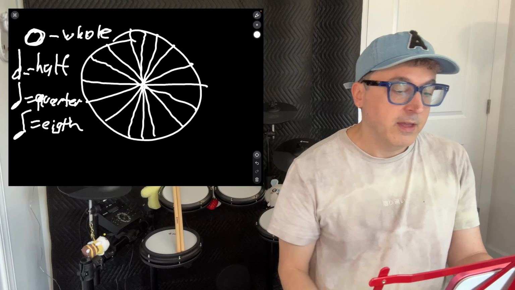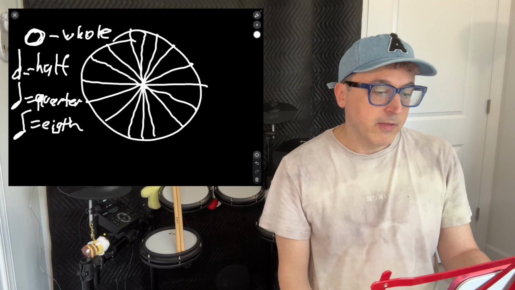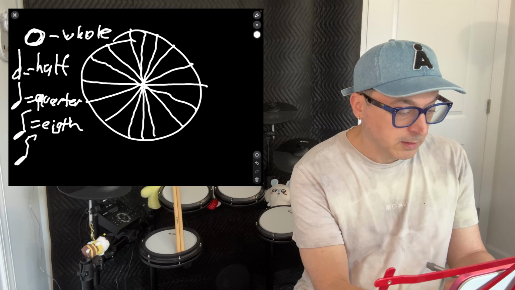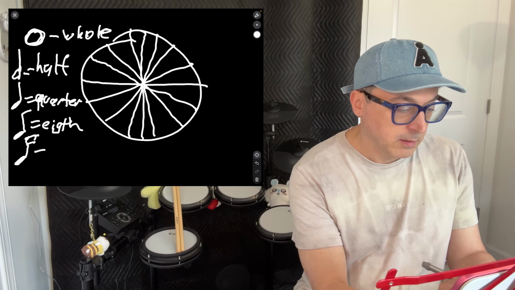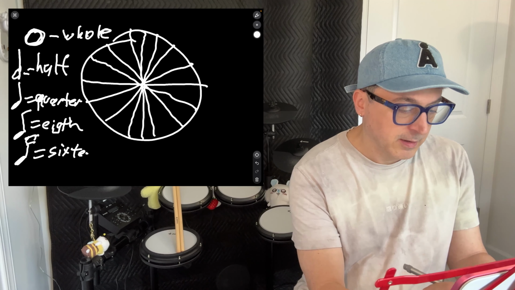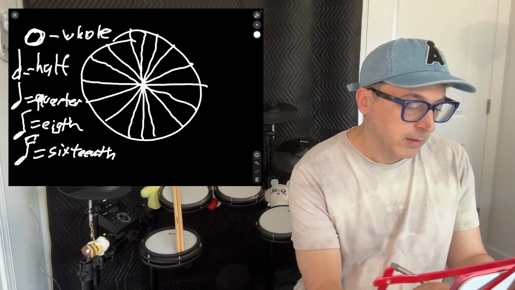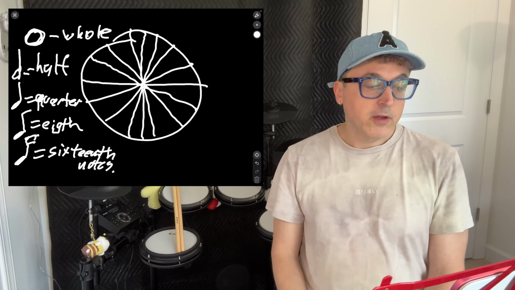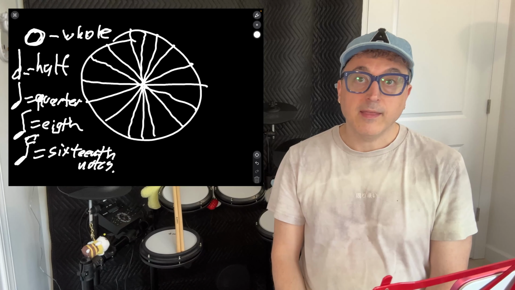Now we have, did I do that right? Anyway, there should be 16 slices there. So now we have 16th notes. These drawings are terrible. It's hard to draw on an iPad. Okay, so whole notes, half notes, quarter notes, eighth notes.